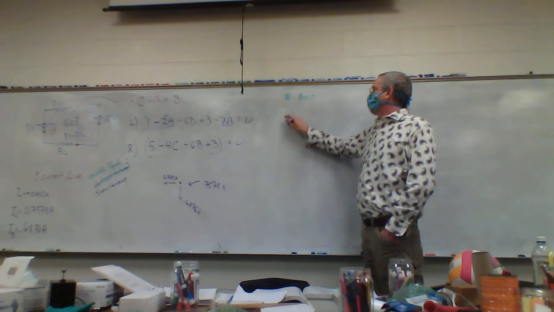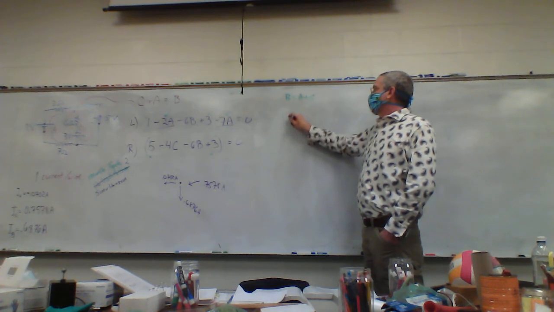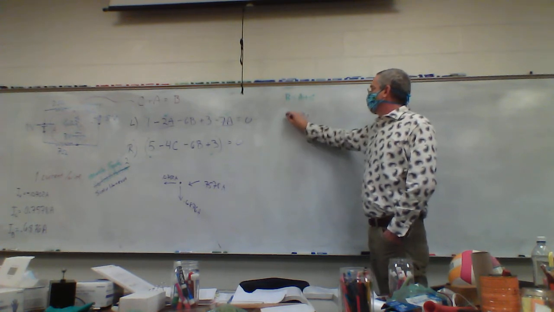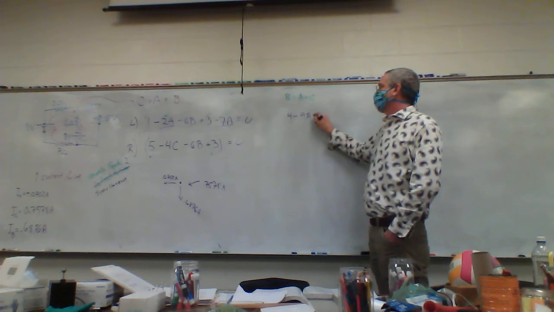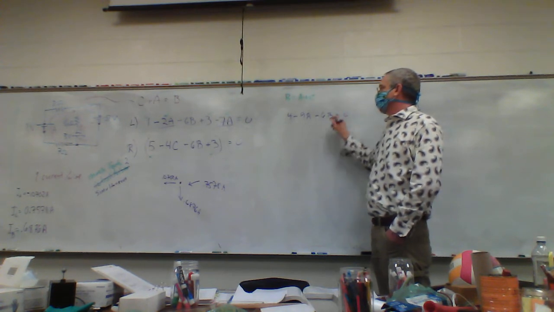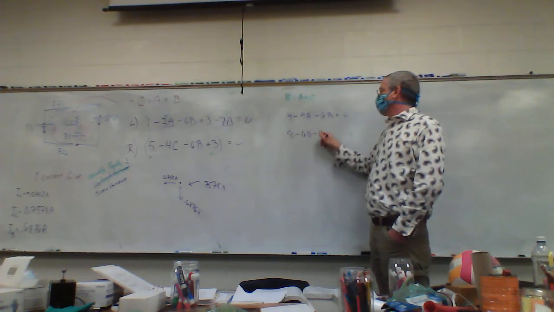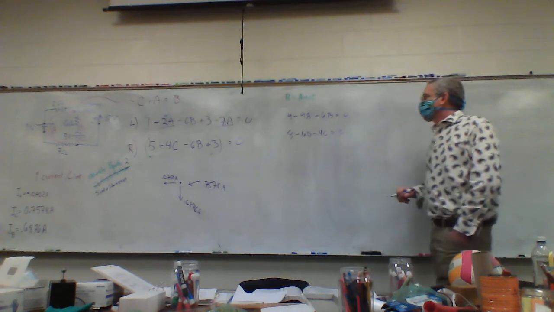So here I've got 4 minus 9A minus 6B equals 0, and 8 minus 6B minus 4C equals 0.